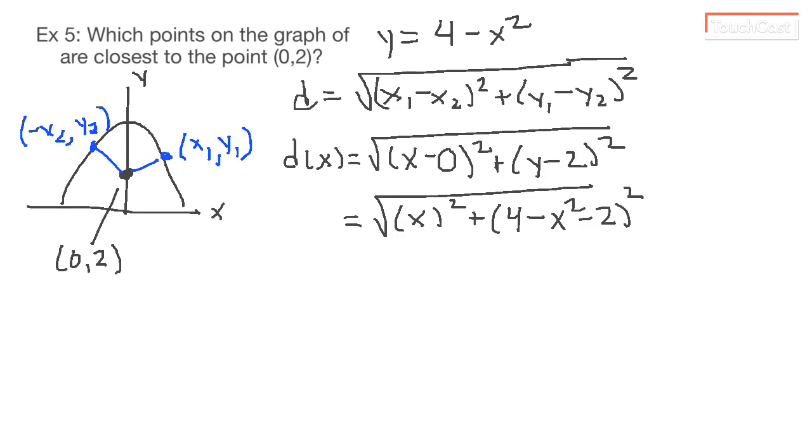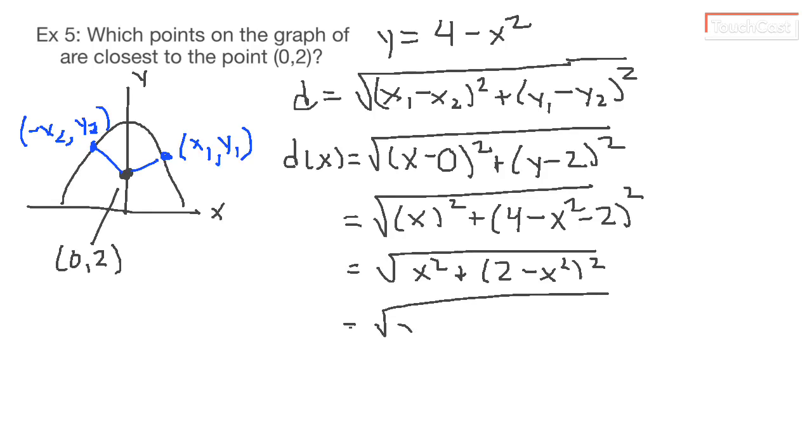Well, we can clean up the 4 minus 2. So we're going to continue rewriting this. We're going to have the square root of x squared plus 4 minus 2 is 2 minus x squared squared. Now, if we actually took 2 minus x squared squared and expanded it out, we're going to end up with, rewriting this again, x squared plus 4 minus 4x squared plus x to the 4th.